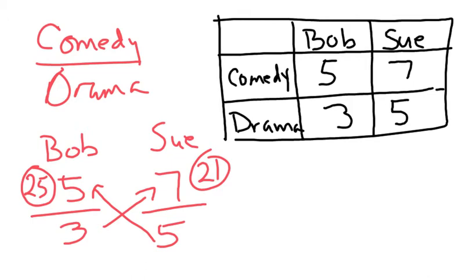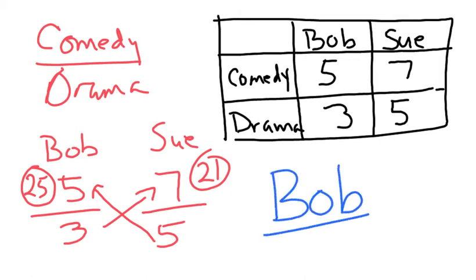So who has the greater ratio? Well, Bob, because he's got the bigger number. He's got 25, Sue's got 21, Bob. So when you actually answer this question, you have to say Bob. That's the answer. You don't say 5 to 3, you don't say 25, because it said in the question, tell whose. That means tell the name. So it's Bob.